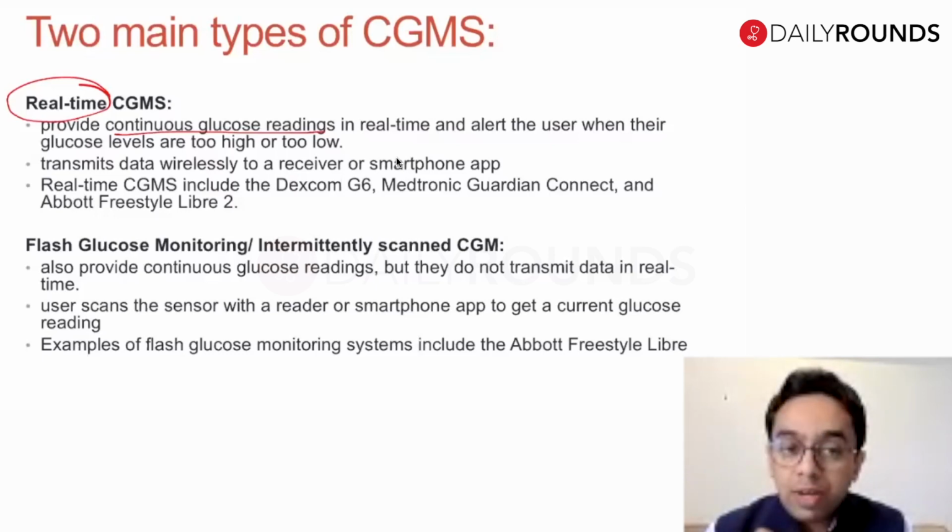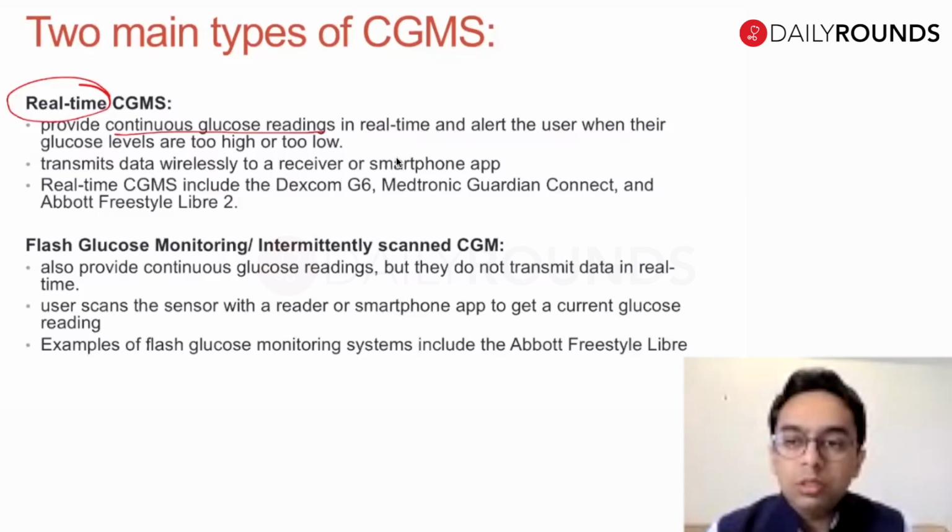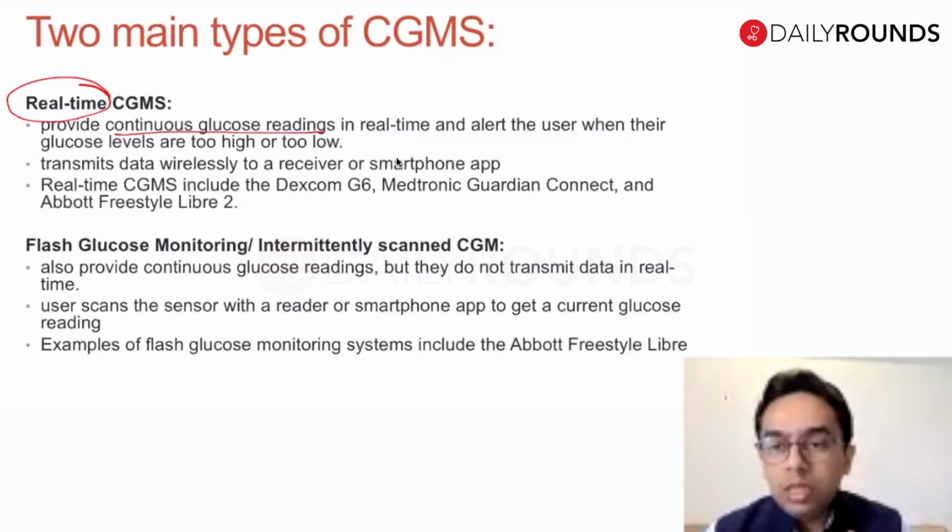Whereas in flash CGM, or intermittently scanned CGM, as the name suggests, flash, that means you have to flash your reader against the sensor. The sensor is a coin-like thing, which is installed mostly on the arm, and the reader is like a pager or a mobile, and you have to flash it.